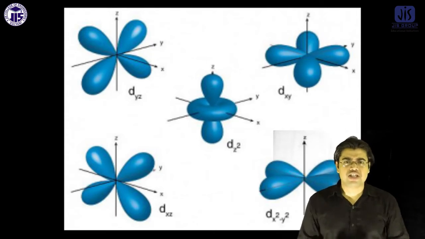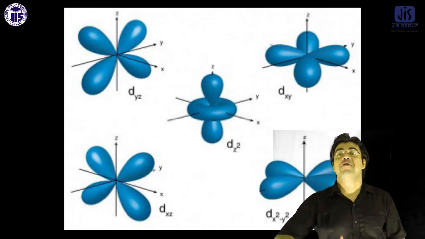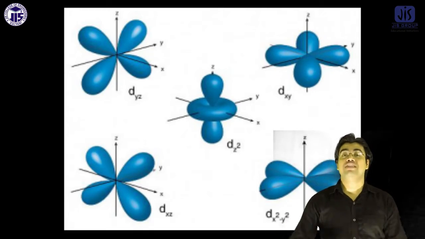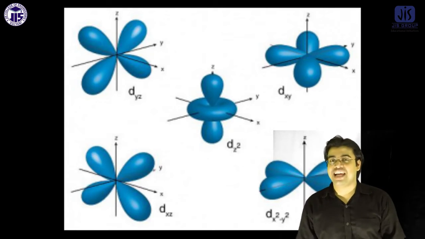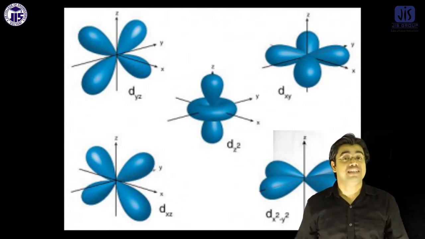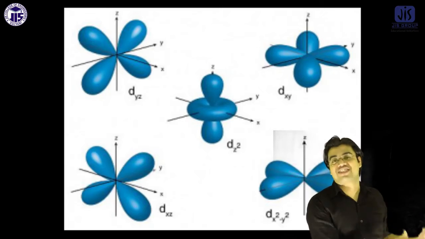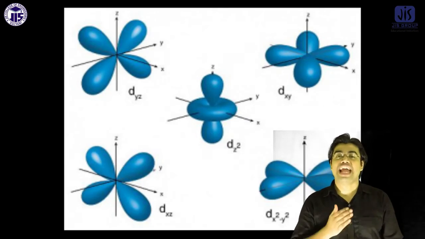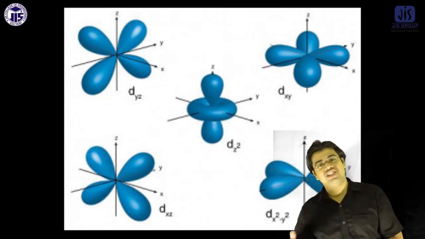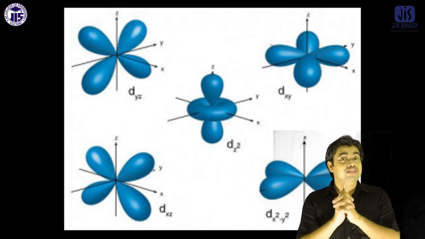Now there are some differences between the first 3 and the remaining 2. The first 3, dxy, dyz and dzx, are in between the axes. But the last 2, dx square minus y square and dz square, are on the axes.